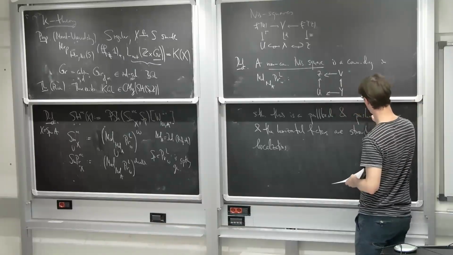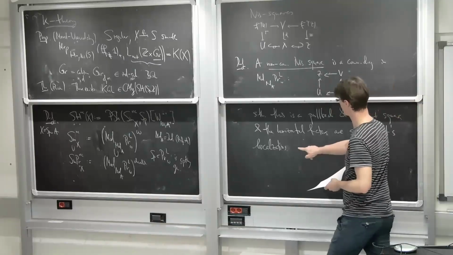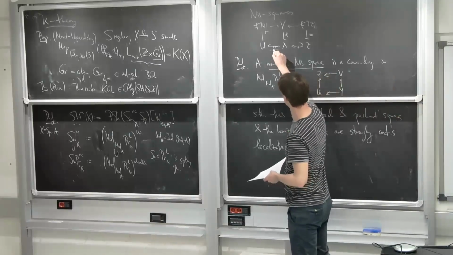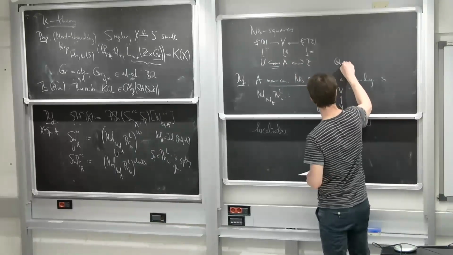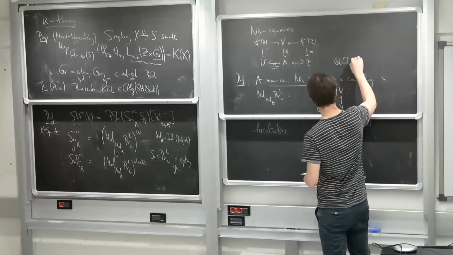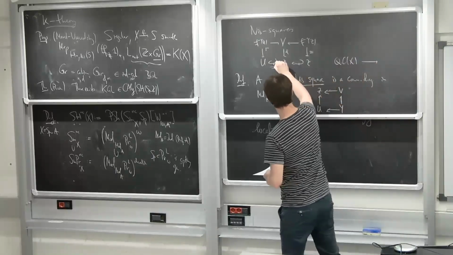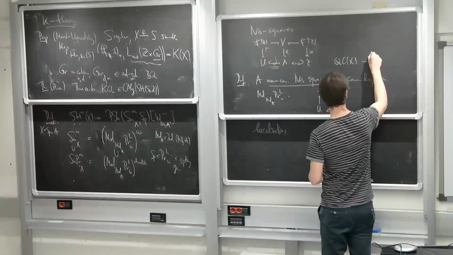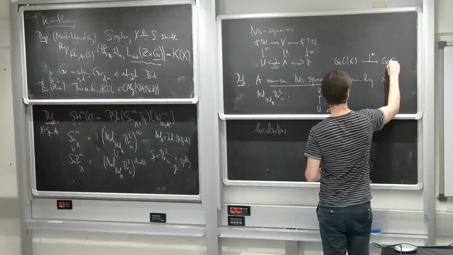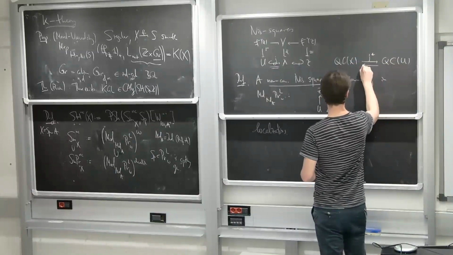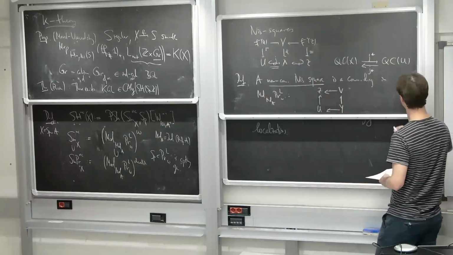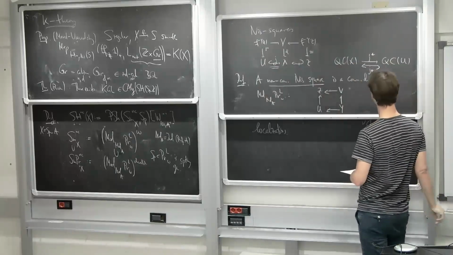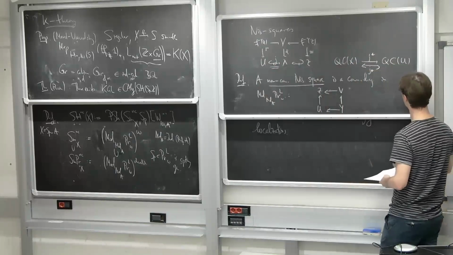So this localization is meant to be the replacement for this being an open embedding. So the thing is, if you have such a thing, then you have Q-co X going to j_* alpha star, Q-co U. So we have this kind of adjunction here, and this is fully faithful and preserves colimits.